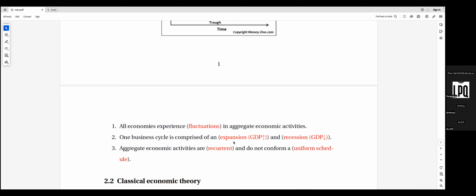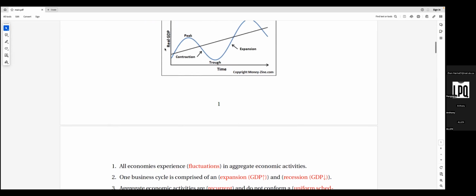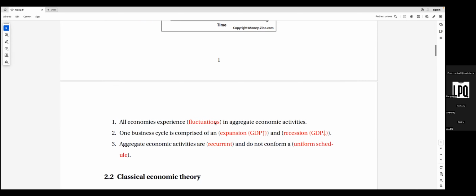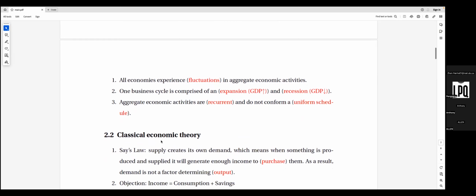Recession just means the GDP decreases. Expansion just means the GDP increases. And the overall big picture shows so-called fluctuations, and the professional terminology for the fluctuations is business cycle.